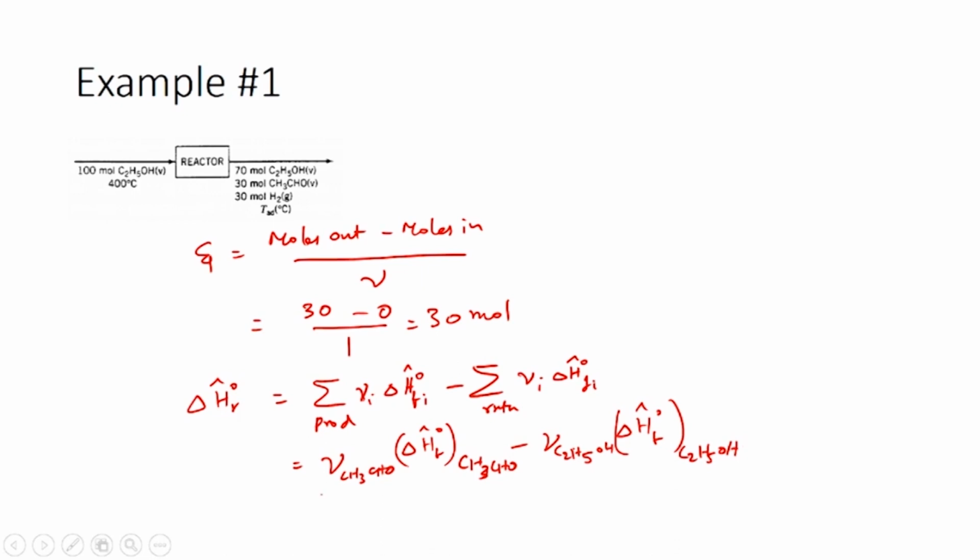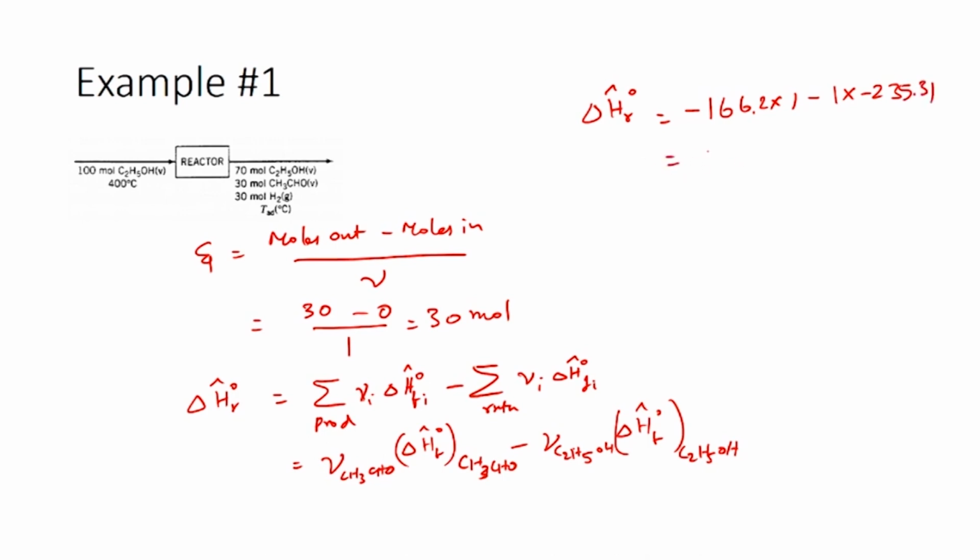So, using this we can calculate the heat of reaction. From the tables we can get the heat of formation for acetaldehyde and the heat of formation for ethanol, and if we were to plug those values in, you are left with delta HR cap equals minus 166.2 times 1 minus 1 times minus 235.31.